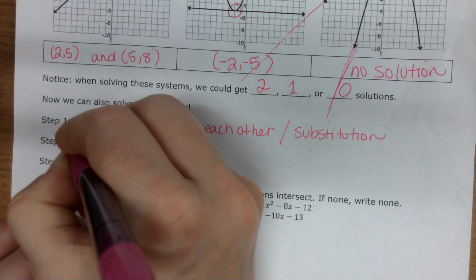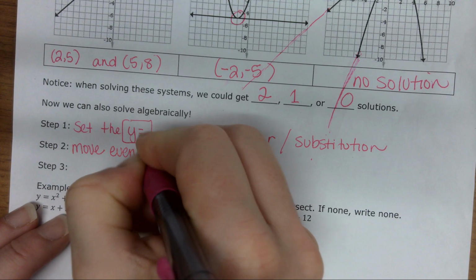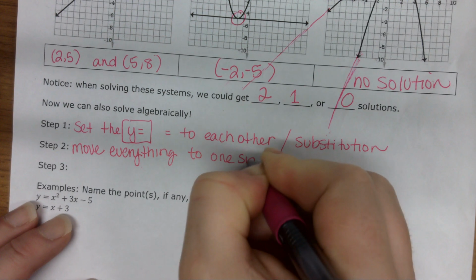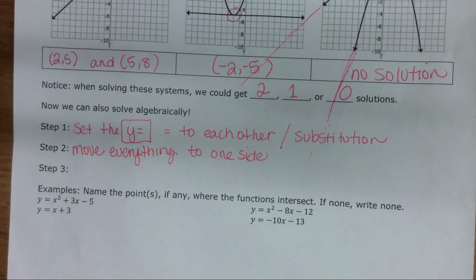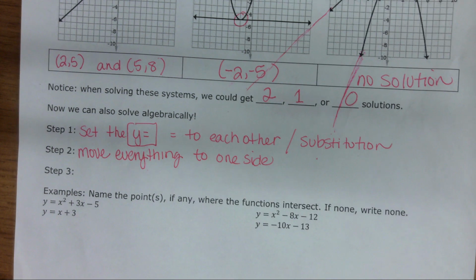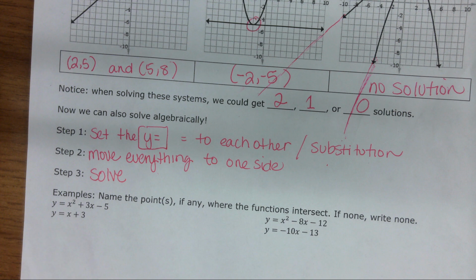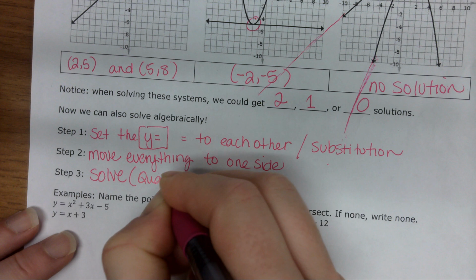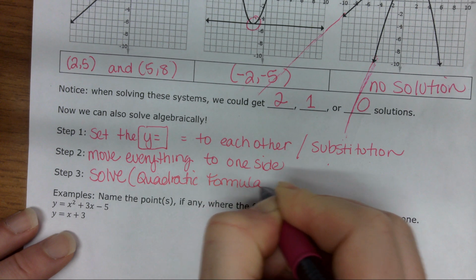Second step, move everything to one side, because when we solve quadratics, we have to have a 0 on one side. And the third step is we're going to solve. And the methods we're going to use to solve are quadratic formula, or factoring.